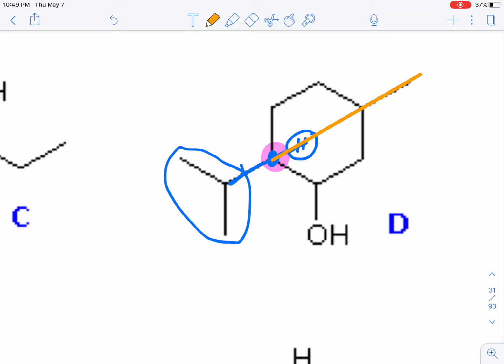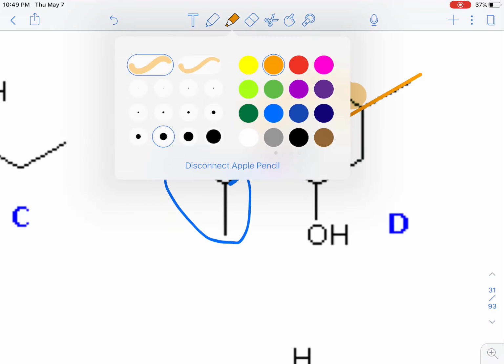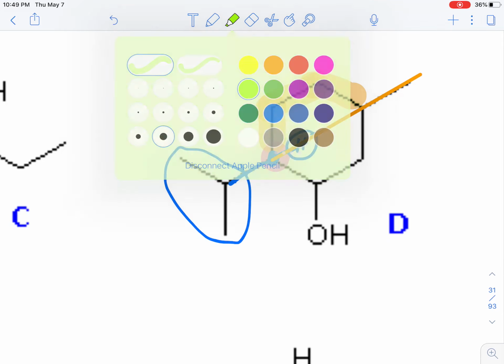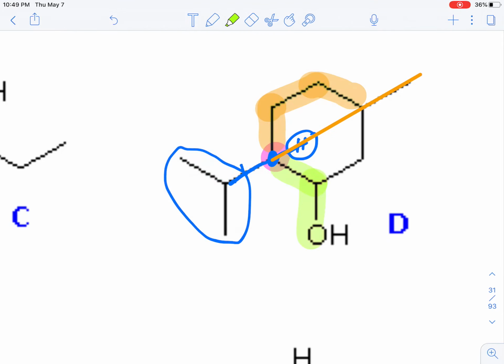I want you to see that if you follow the bond in orange, what I've highlighted is going to be completely different than the other side, right?